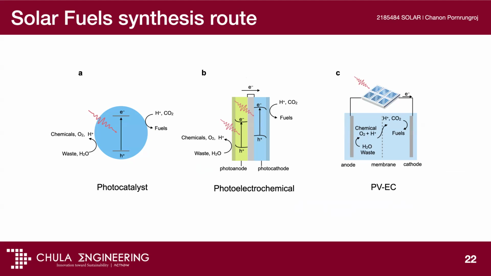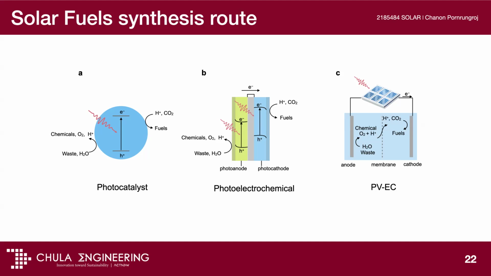One is to use a photocatalyst. A photocatalyst is a semiconductor with a band gap. And once you excite it, it's the exact same principle as solar cells. But in a solar cell, you take away the electron and make current. Here we excite the band gap, and then the electrons are used for reduction reactions, and the holes are used for oxidation reactions.